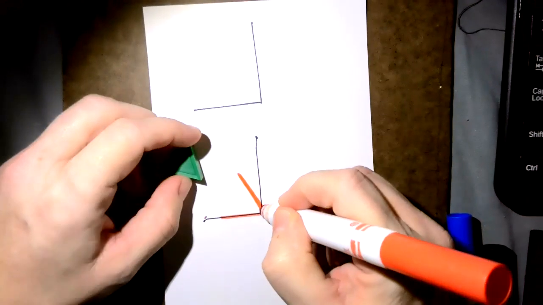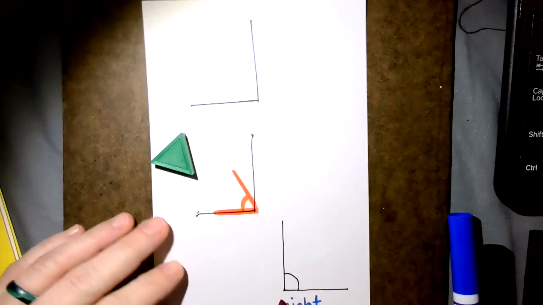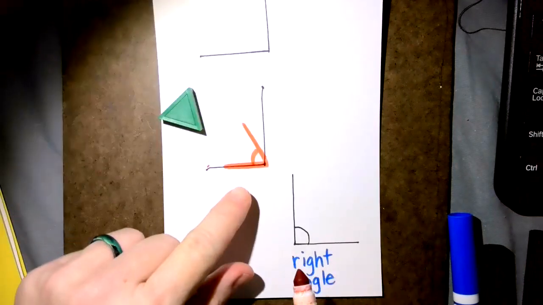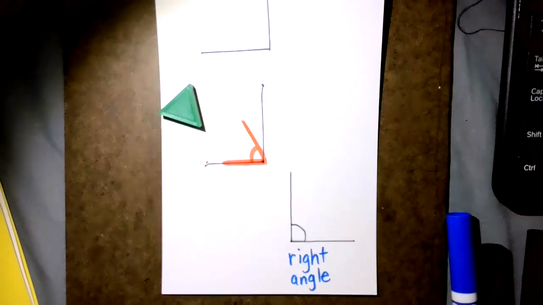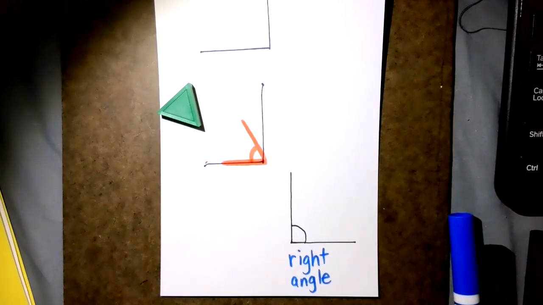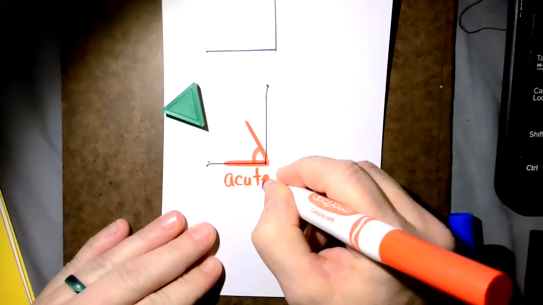Oops, if I could trace it right. And I'm going to look at that angle right there. What would be the name of that one, where it's so small and cute, smaller than a right angle? It is a what kind of angle? Acute. Acute angle. Look at that little acute angle in there.